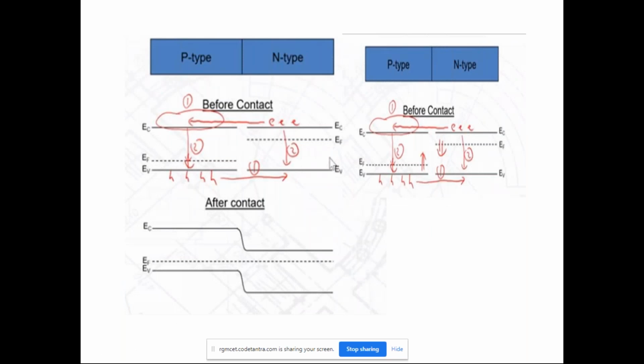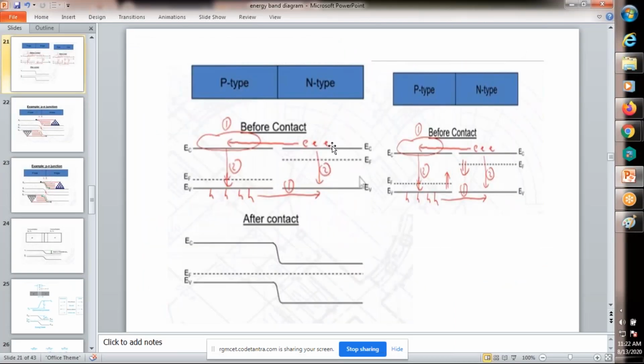Now what happens whenever we connect p-type material and n-type material? First, diffusion takes place. In the n-type material, a large number of electrons diffuse into the p-type and recombine in the valence band, because there are many holes there.